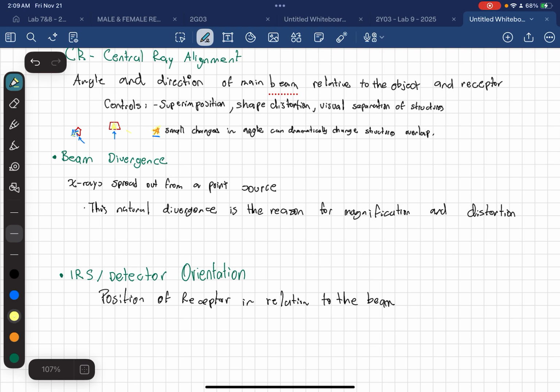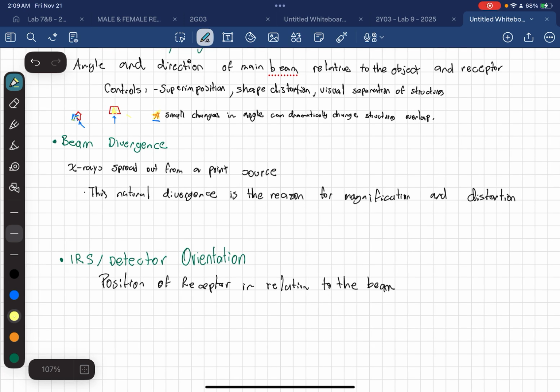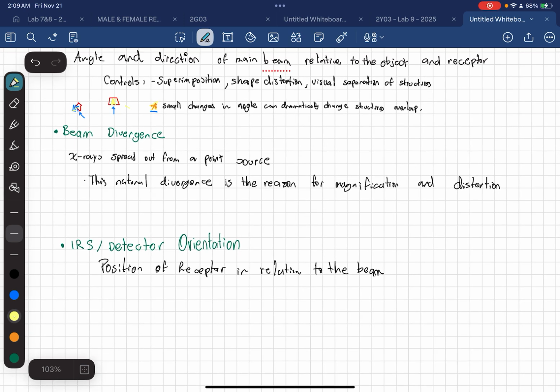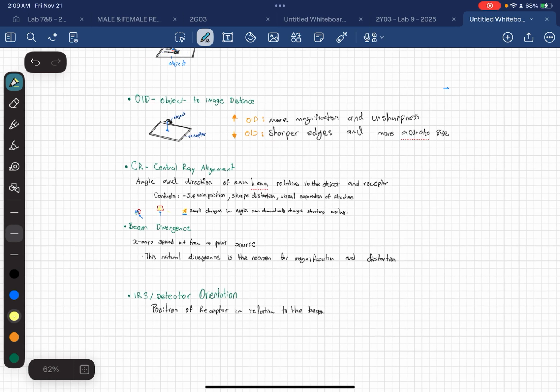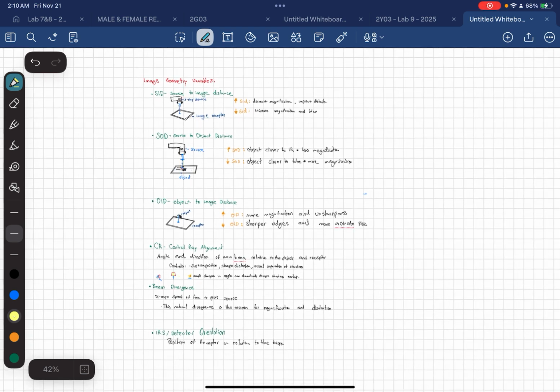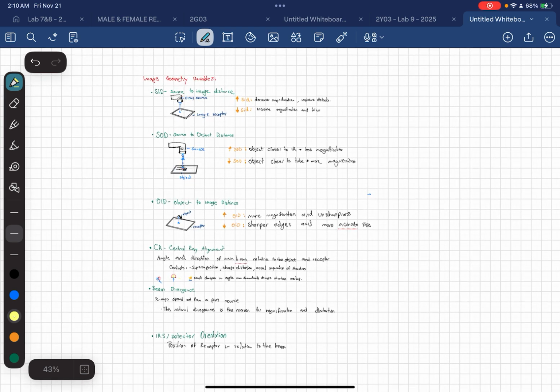This is what creates the magnification and distortion. And also the detector orientation, so the position of the receptor in relation to the beam, whether it's perpendicular or there are any angles added to it. So yeah, these are the variables that we are going to be taking into account when taking our image.